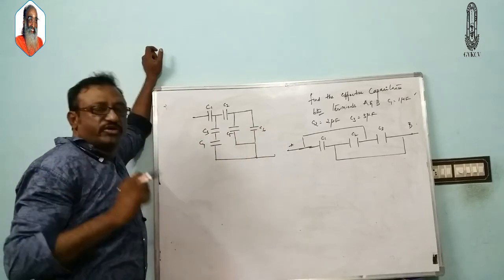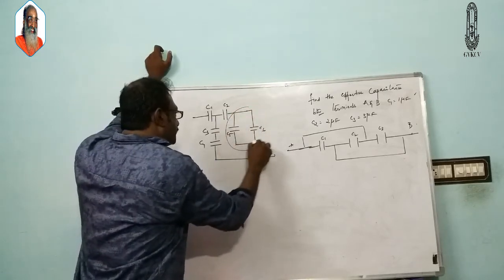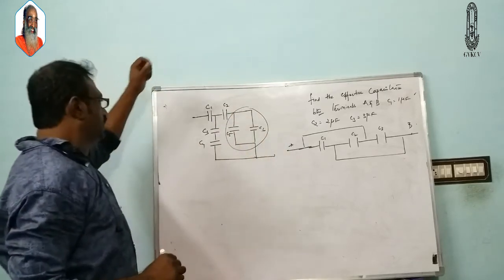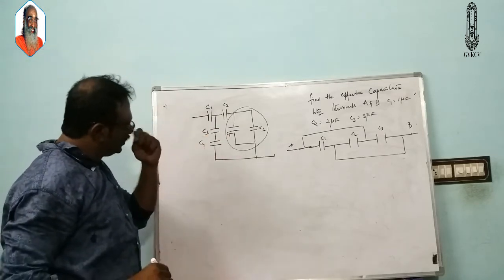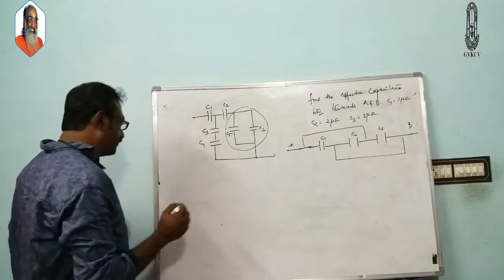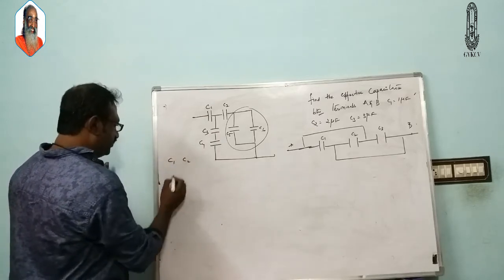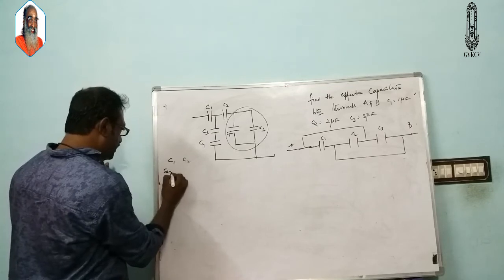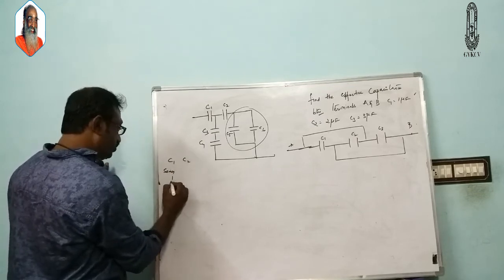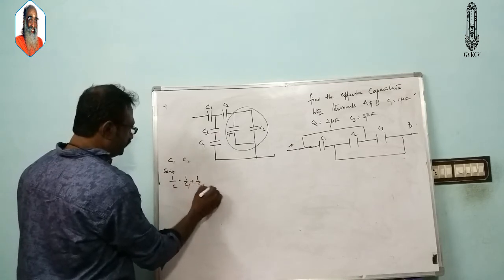So first, where will you start? Where there is the parallel combination. First I will start from here, C5 and C6, and from this I will find the effective combination. Here is an easy way. If you have two capacitors, C1 and C2, in a series combination, what you will generally do is 1 by C is equal to 1 by C1 plus 1 by C2.